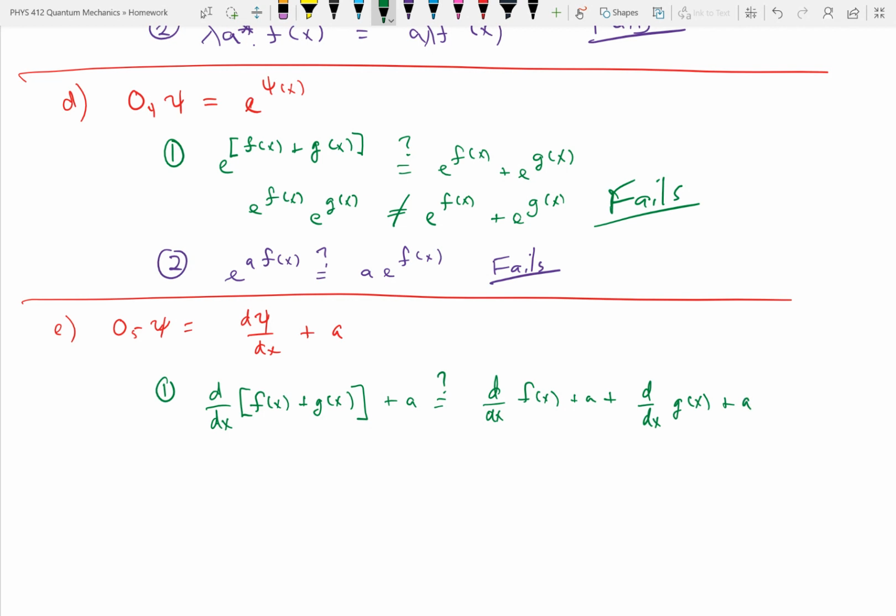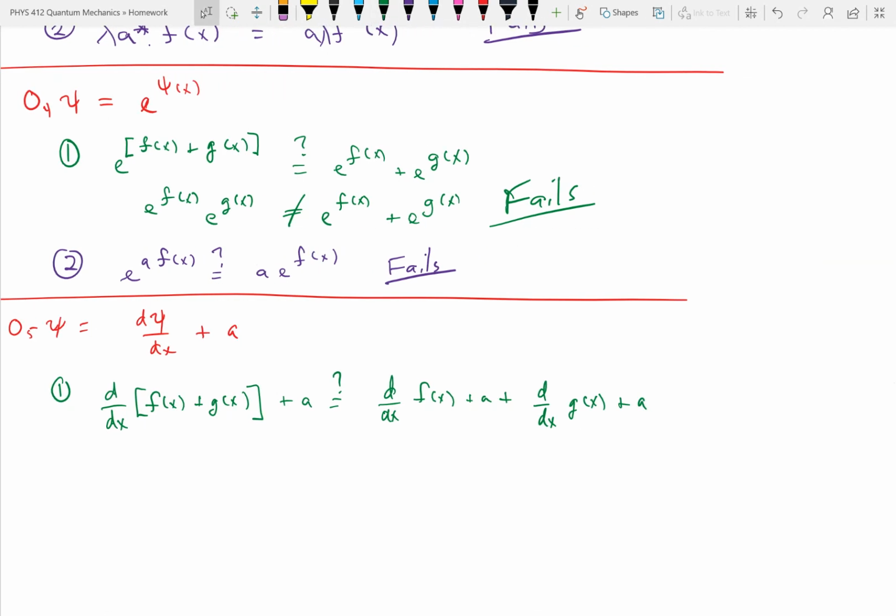In which case, no, it's not equal. It fails because you have 2A on one side and A on the other side.